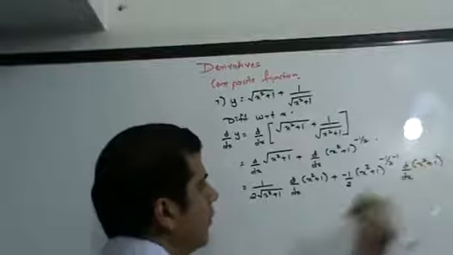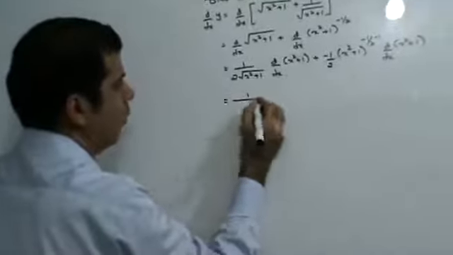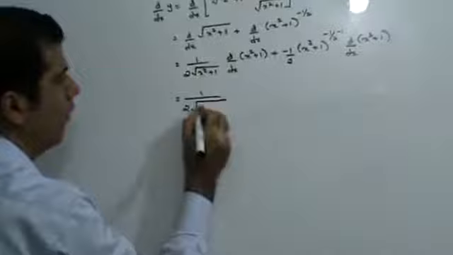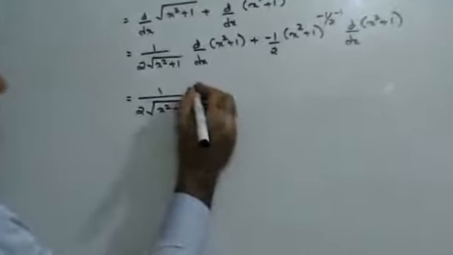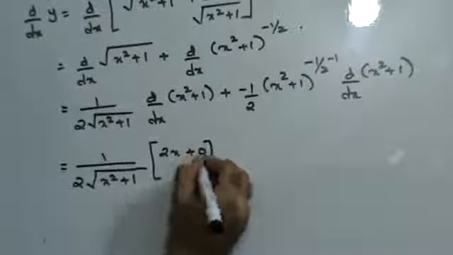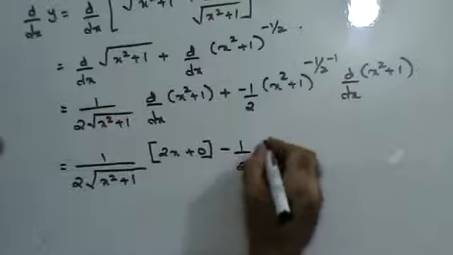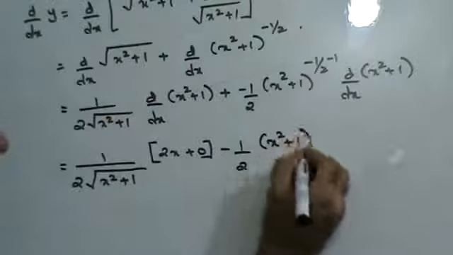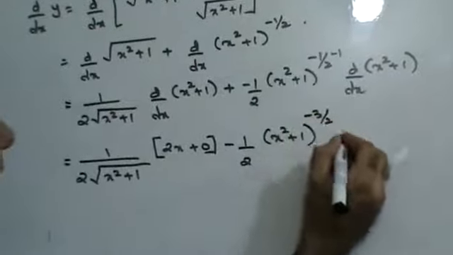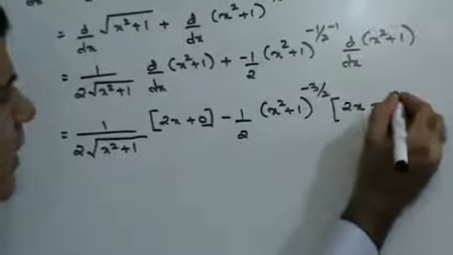I'm using composite formula in both the places. So you will have 1 upon 2 root of x square plus 1. Dy dx of x square is 2x plus 0 minus 1 by 2 x square plus 1 raised to minus 3 by 2. Dy dx of x square is 2x plus 0.